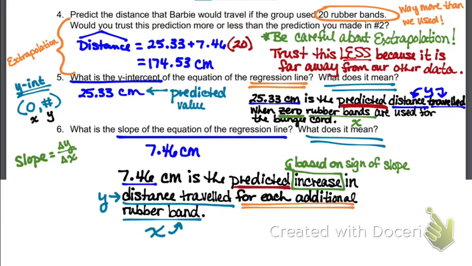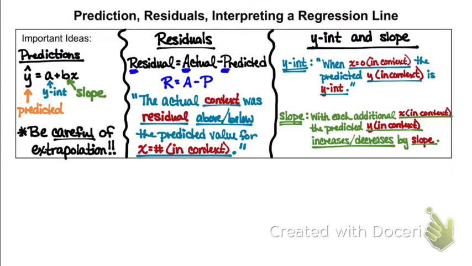We are going to copy down kind of our important ideas that we went over with this. 3 big ideas. Making predictions. We want to be using the regression equation that is the a plus bx. Our graphing calculators have 2 forms of linear regression. We want to choose the one that is further down the list.